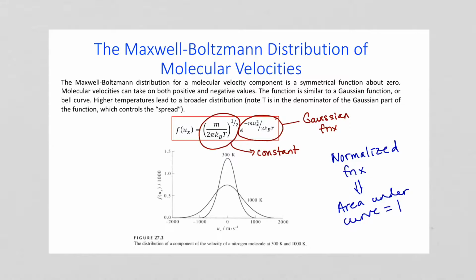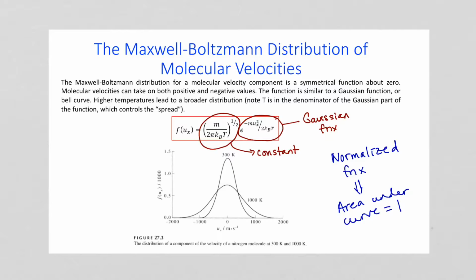What that's telling you is that you're not changing the total population of your system. You still have the same number of molecules, you're just changing how the distribution of their velocities is arranged. So total area, no matter what your temperature, for a given sample, should always be the same.